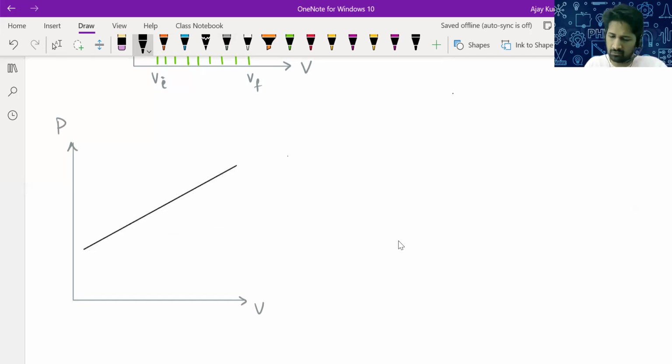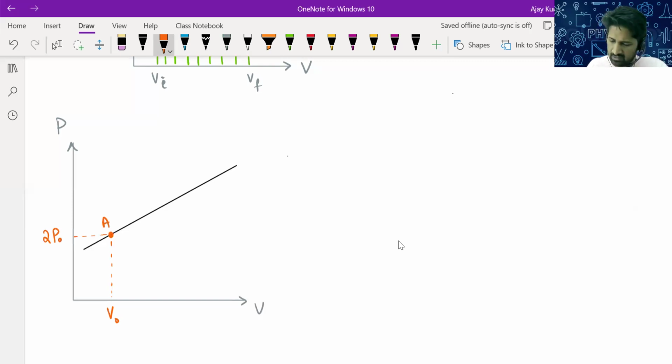This is how the pressure and volume are varying. Now, at one point, let's say the volume is V naught, pressure is 2 P naught. Assume this is the initial state of the gas.